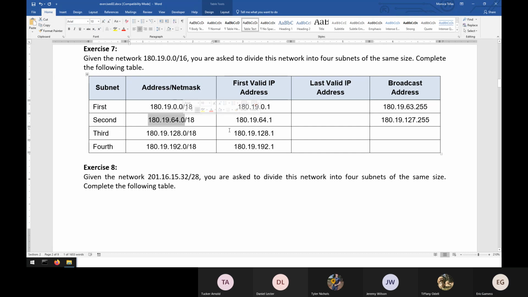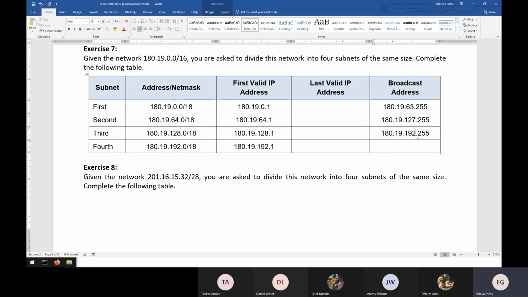If I want the broadcast address of the third network, it will be one IP address before this one. What is one IP address before 180.19.192.0? Exactly, it will be 180.19.191.255.